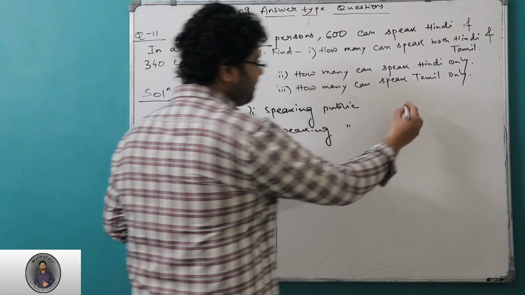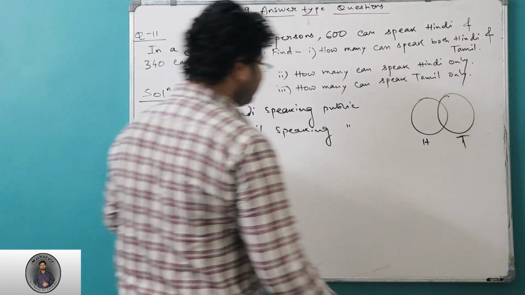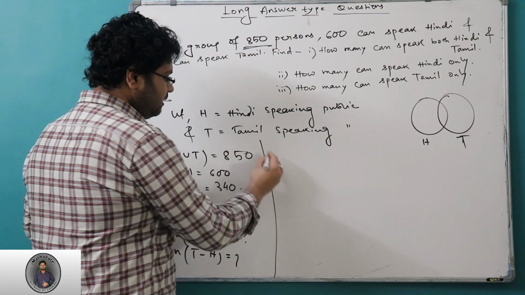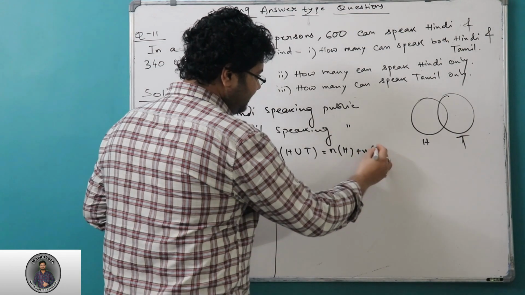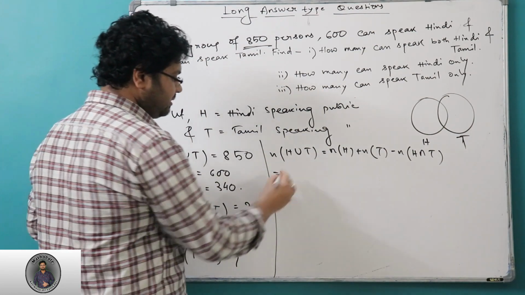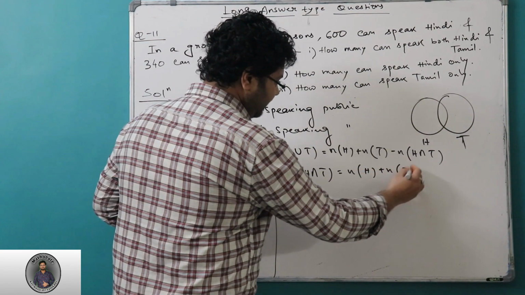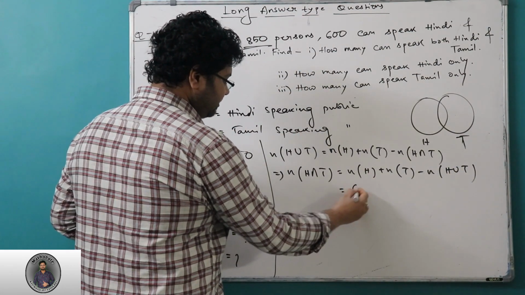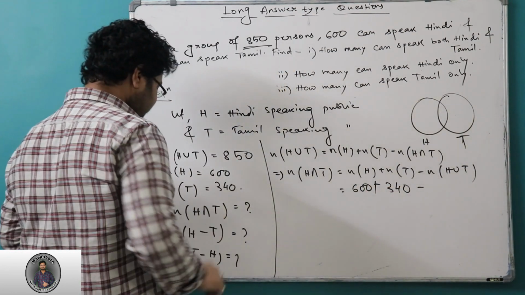If we draw the Venn diagram, if this is H and this is T, first we need to find H intersection T, and we know the addition rule, that is n of H union T equals n of H plus n of T minus n of H intersection T. From that we can write n of H intersection T equals n of H plus n of T minus n of H union T. We know n of H is 600, plus n of T is 340, minus n of H union T, that is 850.